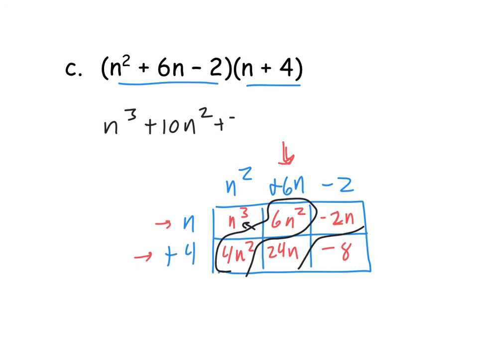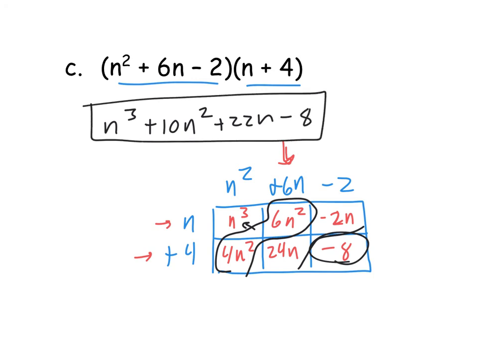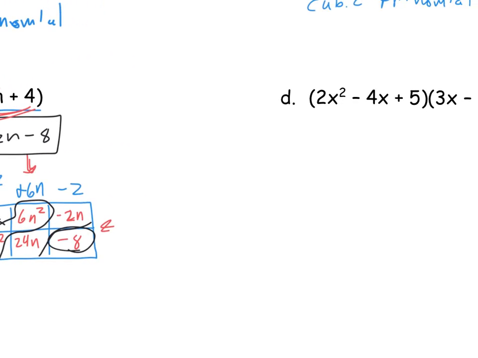That's going to be plus 22n. And finally, -8. And there we go. You could use distributive property twice. I could multiply all three of these by n, kind of going backwards, and then multiply 4 by all three of those. I'd get all these terms down here and just combine them, kind of get the same thing.